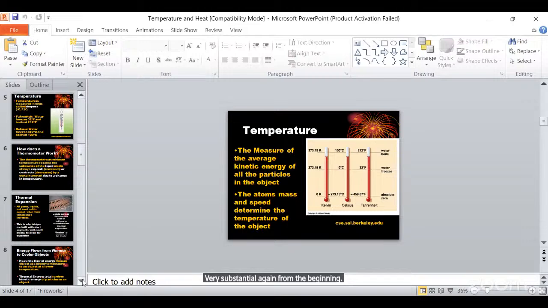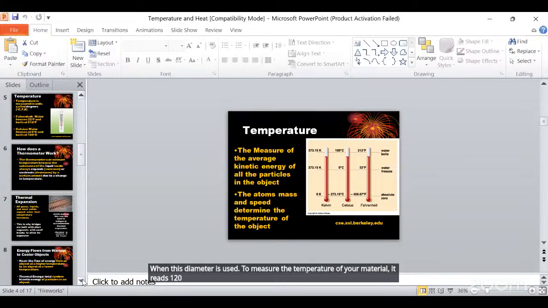A resistance thermometer has an upper fixed point of 200 ohms. The lower fixed point of this same thermometer is 90 ohms. When this thermometer is used to measure the temperature of a material, it reads 120 ohms.